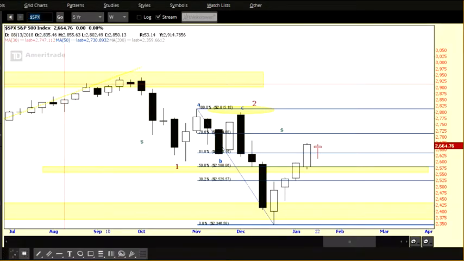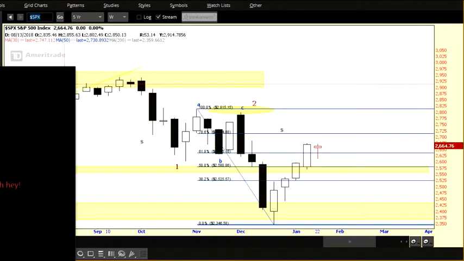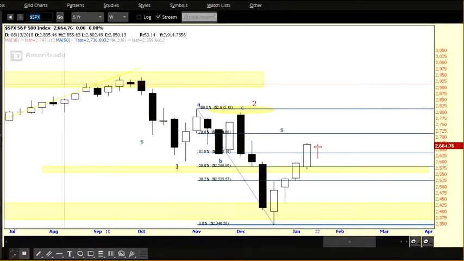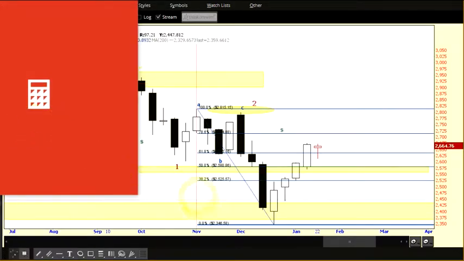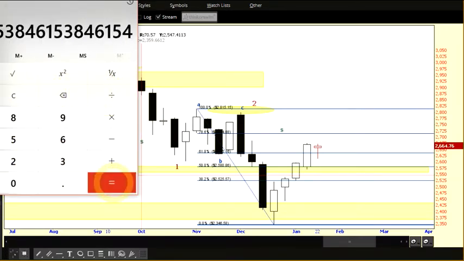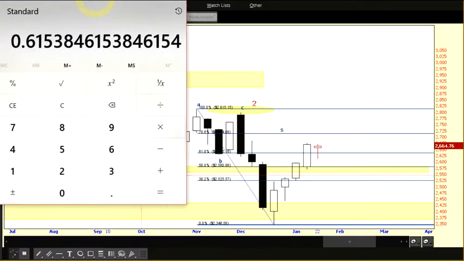Maybe I can just use Microsoft Calculator. So we're going to take 8 divided by 13, and we're going to get this number here. As you can see, it's not 0.618, but as I go further out on the Fibonacci sequence, it approaches this irrational number.